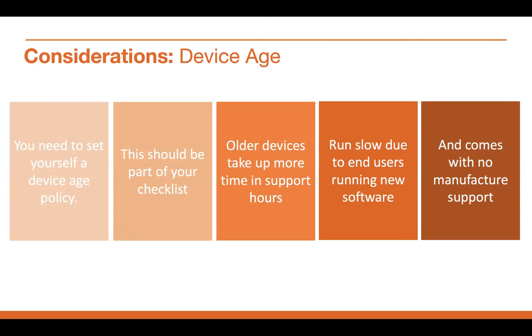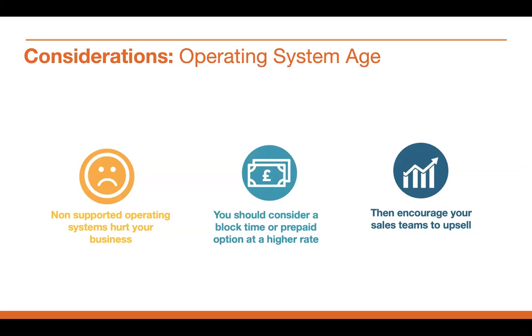And that custom contract had a lot of caveats, and that's something that you need to consider. And of course, the other thing with device age is software vendor support. That will also have a bearing on whether you will support, and what age of devices you will support. So that's a consideration that you really need to have in place and have as part of your checklist.